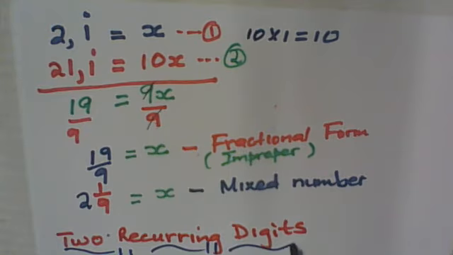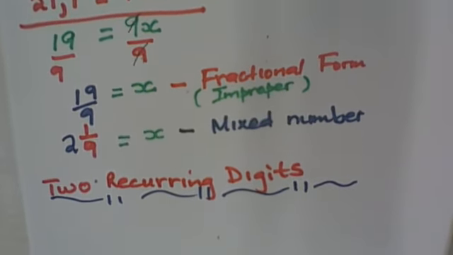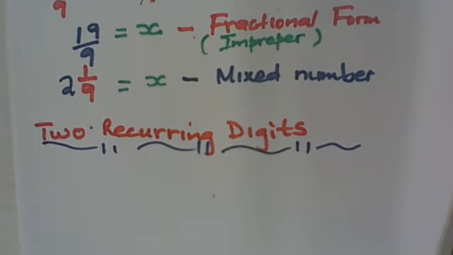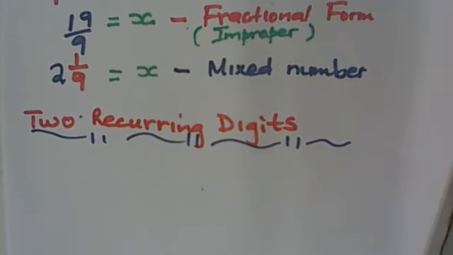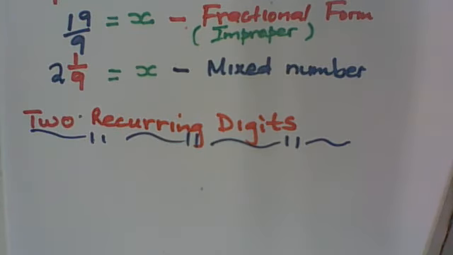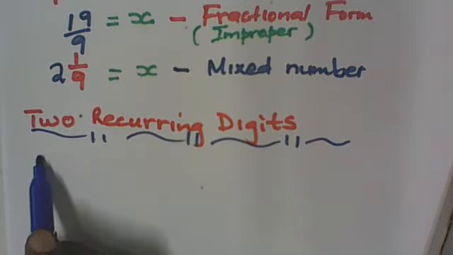Remember, we have a recipe. The same recipe is going to be used. So here we have 0.53 recurring.